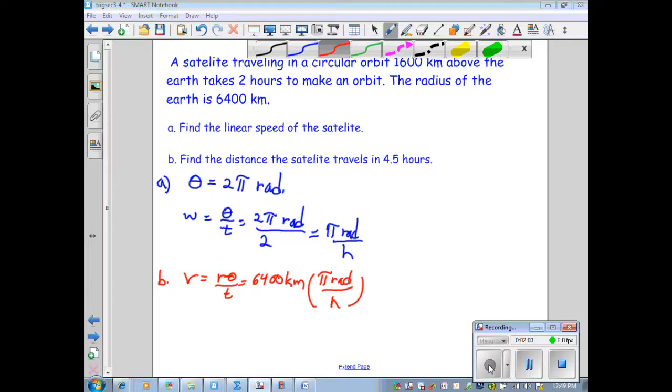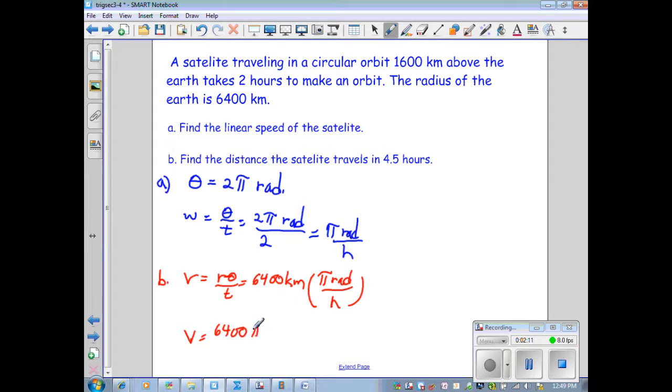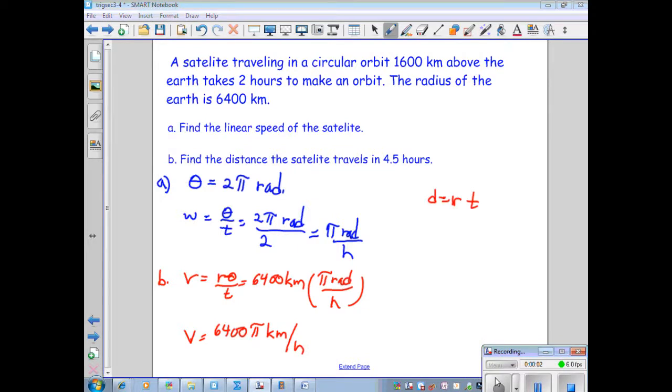When we simplify, we're going to get a velocity that is equal to 6,400 pi kilometers per hour. To complete this problem, we need to recall from algebra that we have distance equaling rate times time.